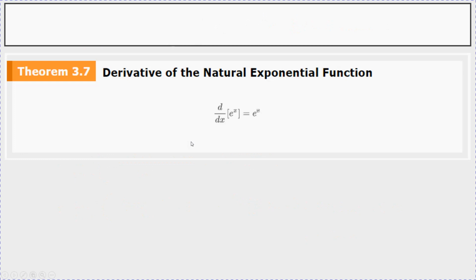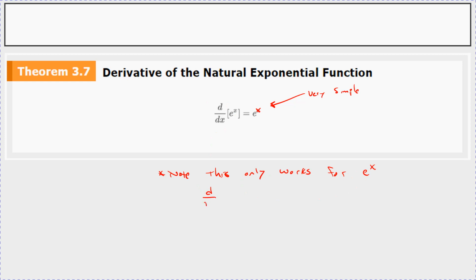So next, the derivative of the natural exponential function, okay? So it turns out the derivative of e to the x, this is really simple, is just e to the x. So this is very simple. Note, okay, this only works for e to the x, okay?